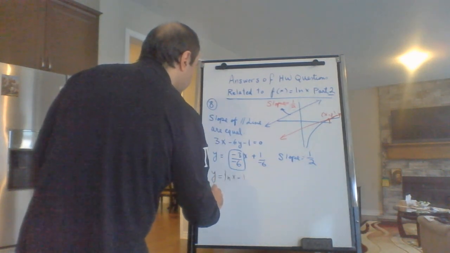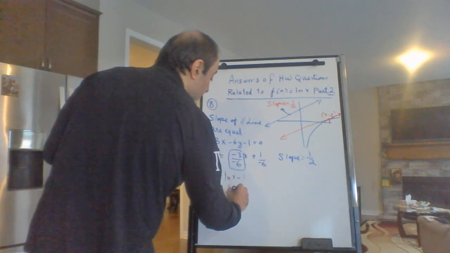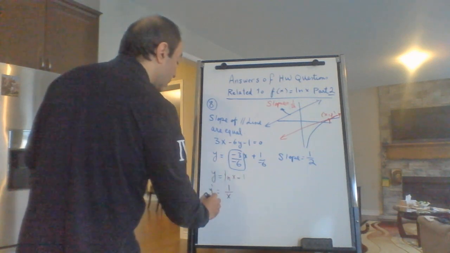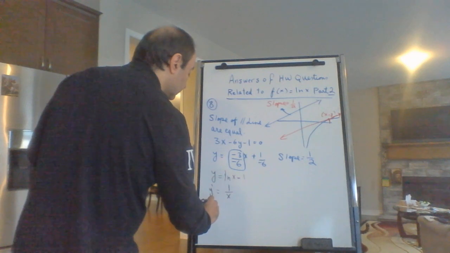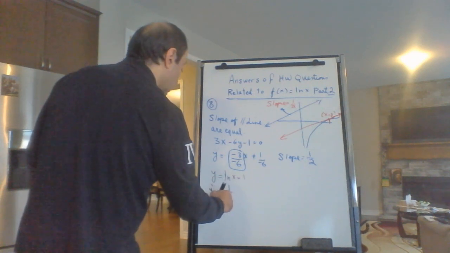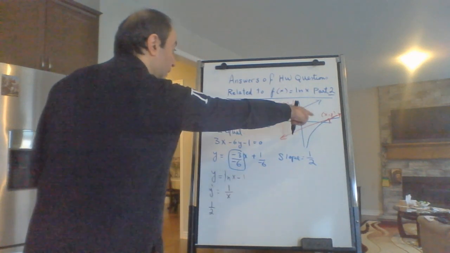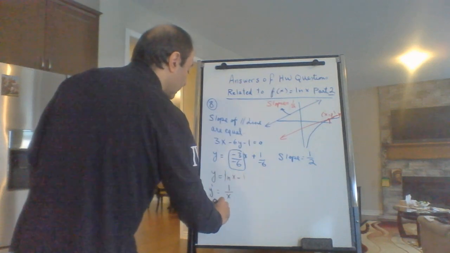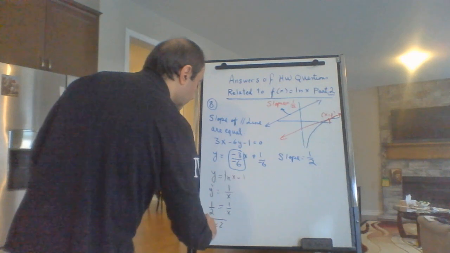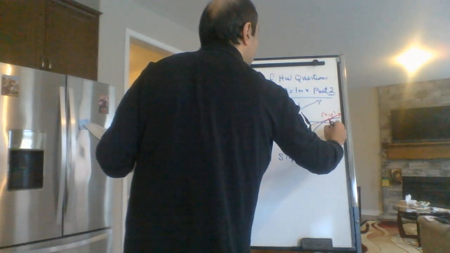So y prime will equal 1 over x minus, of course, the derivative of 1 is 0. So we need to know for what value of x, so I will make that equal 1/2, because the derivative, the slope of the tangent, is 1/2. So 1/2 equals 1 over x. So x equals 2. So in here we found out that x equals 2.